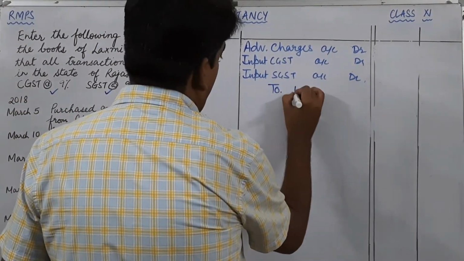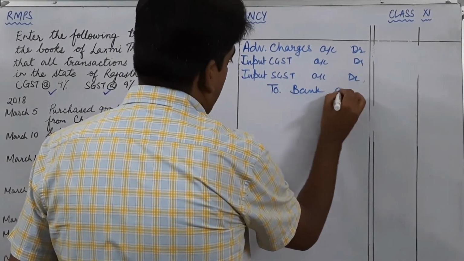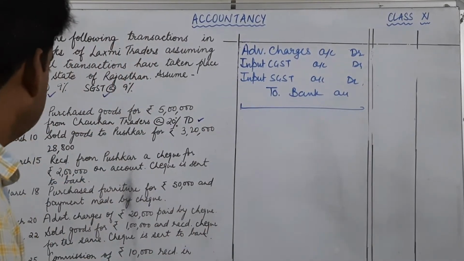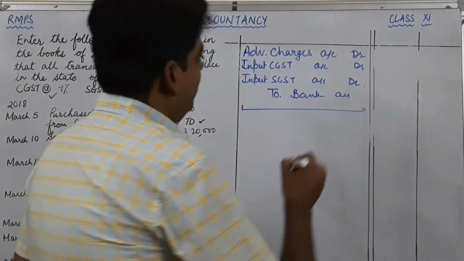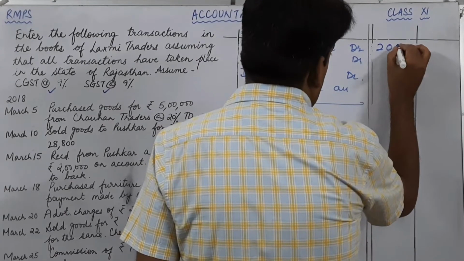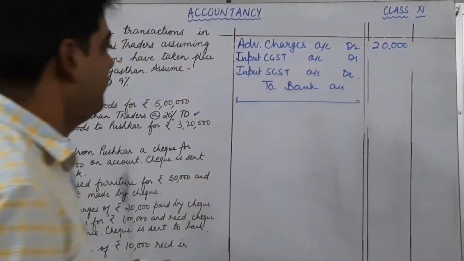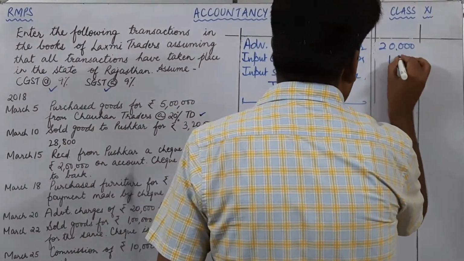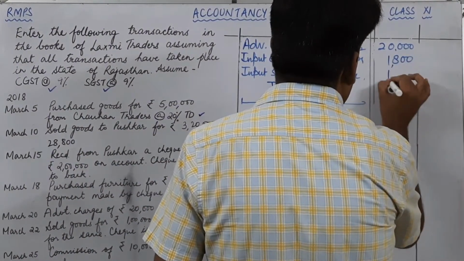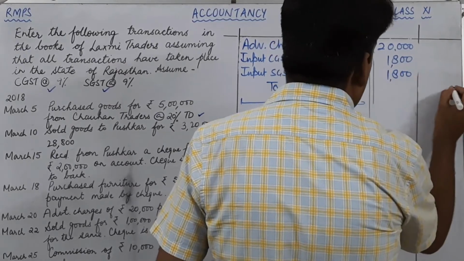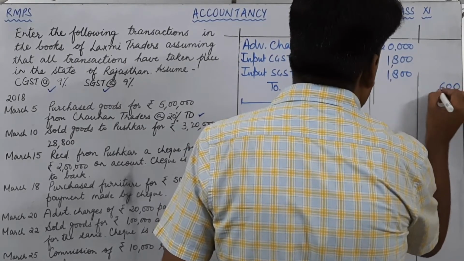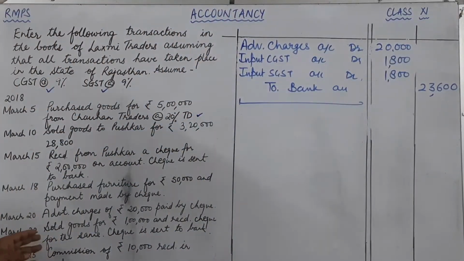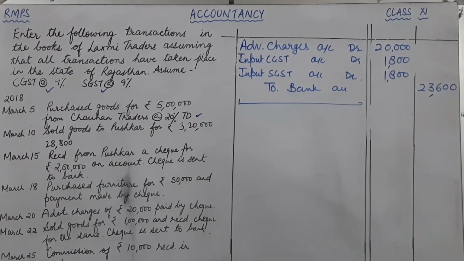So giver is bank, to bank account. Simple narration will come, the advertisement charges paid. Amount of advertisement charges is 20,000, and we will calculate 9% CGST as well as 9% SGST. So that will come 1,800 each. Total 23,600.